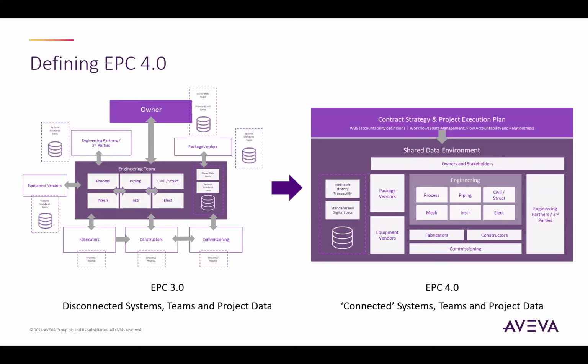What is the latest data? Which Excel spreadsheet has the latest information on the mechanical data or the process data? Now, comparing it with the EPC 4.0, which is basically a shared data environment and data-centric, one single source of truth, eliminates all of the problems that we have with EPC 3.0.